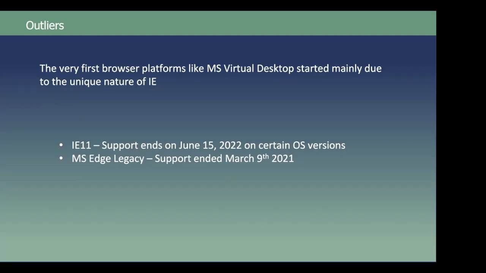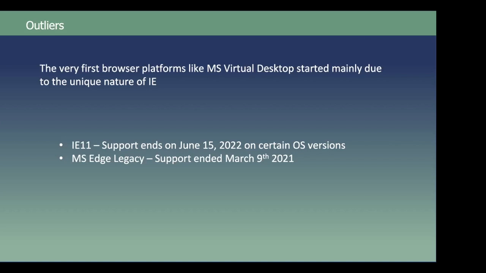And MS Edge Legacy has already ended, and it's already moved to Edge. And if you look at the statistics of Microsoft browsers, the Chromium-based Edge is the majority, probably 90% or more of what customers are using. So the outlier is actually gone.